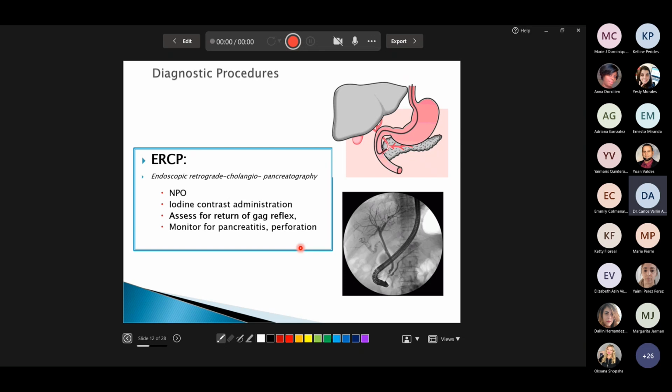ERCP is a gastrointestinal test that is very common, terribly common, and is commonly tested.